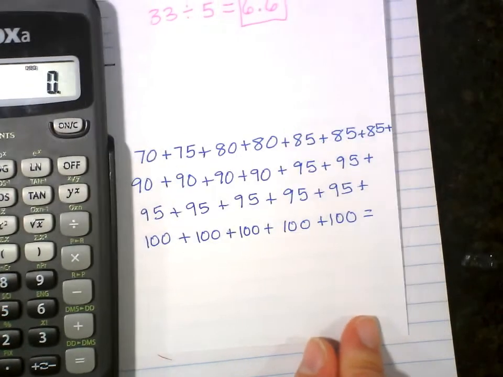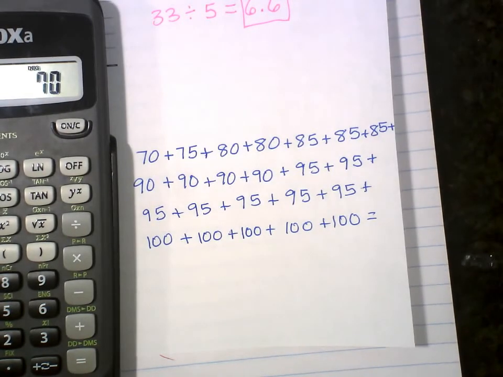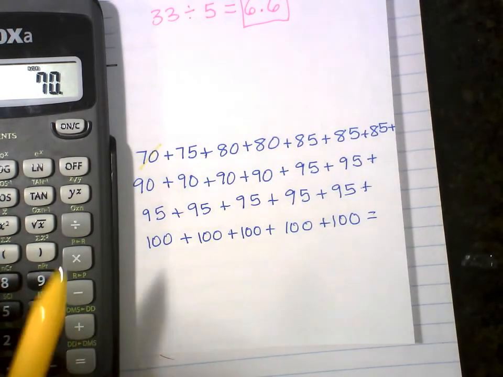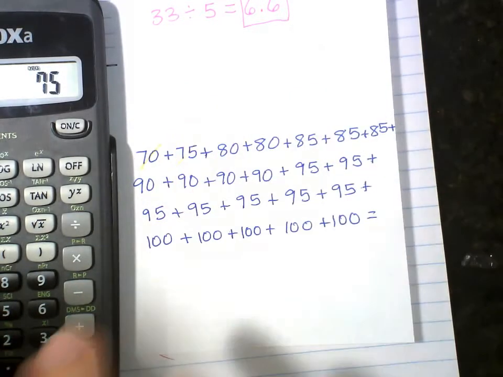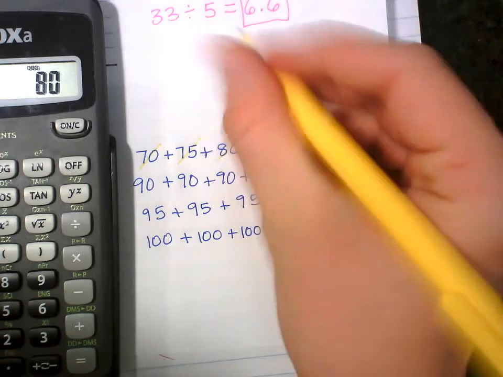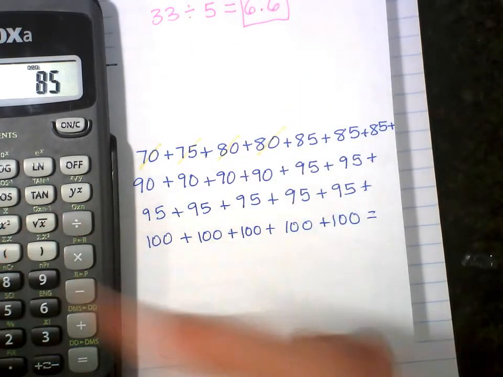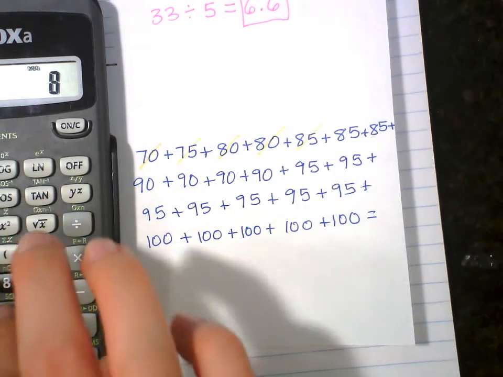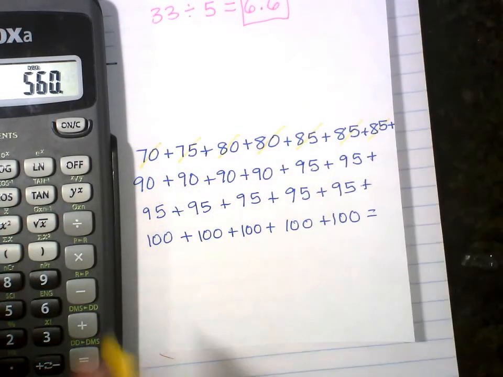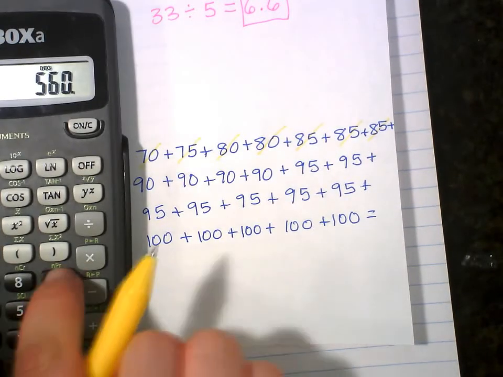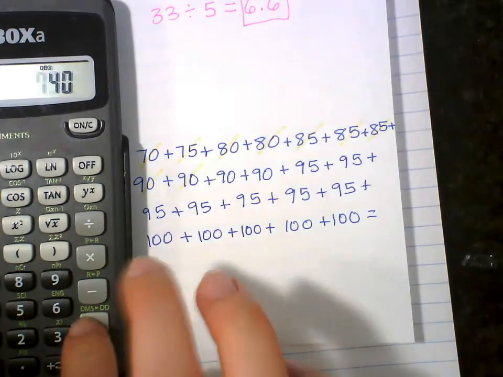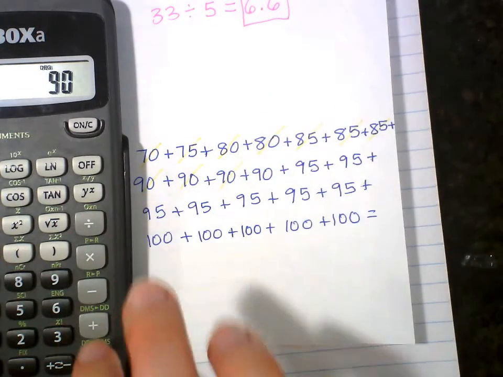Now we have to add all of these up. 70. I'm going to cross it out once I've already done it. Plus 75. Plus 80. Plus 80. Plus 85, plus 85, plus 85. Plus 90, plus 90, plus 90, plus 90.